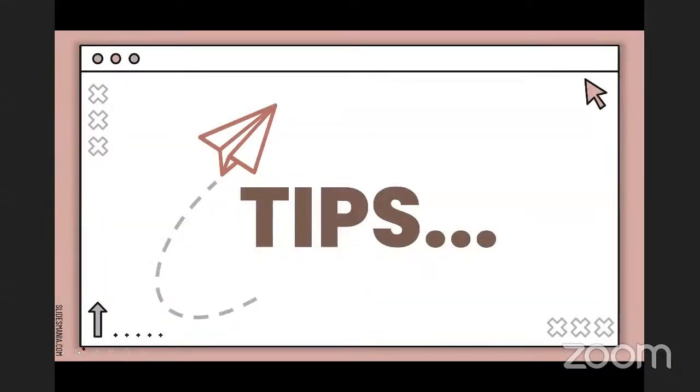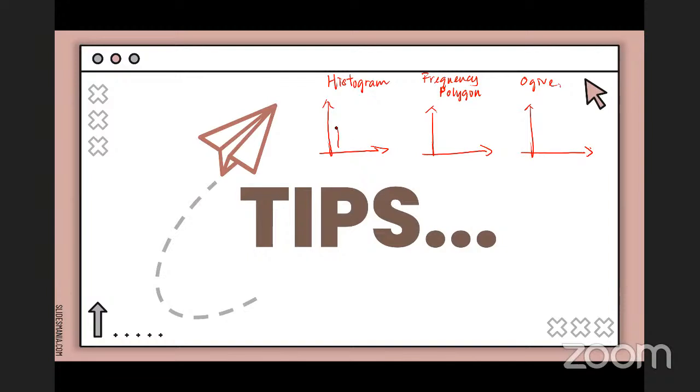So I'm going to do a really quick revision on what we have learned today. Today we have learned 3 graphs, which are the histogram, the frequency polygon, and also the ogive. You should remember how to draw these 3 different graphs because they all look totally different.